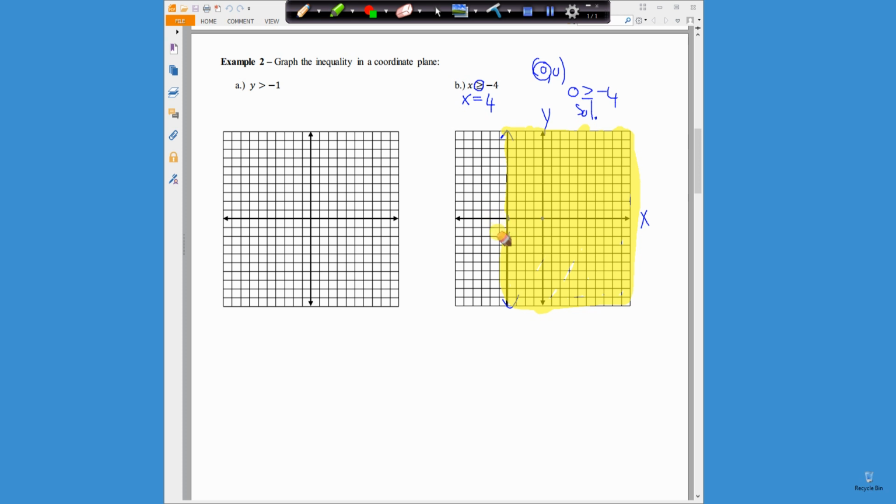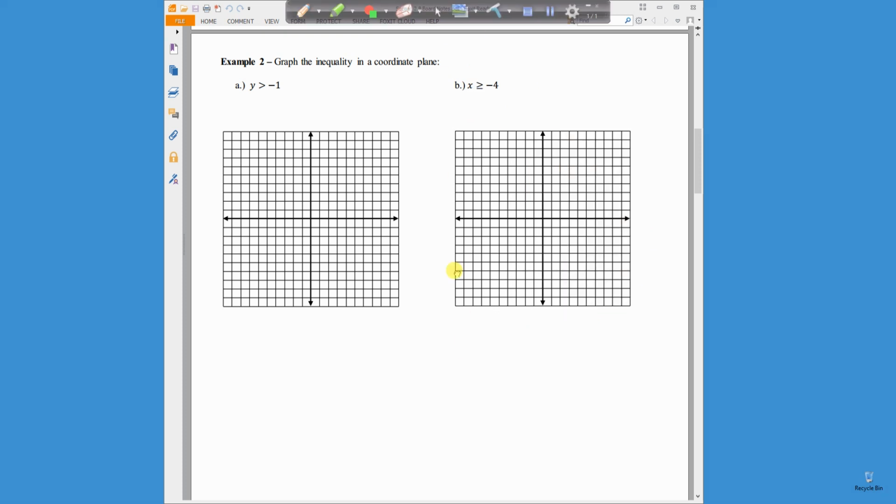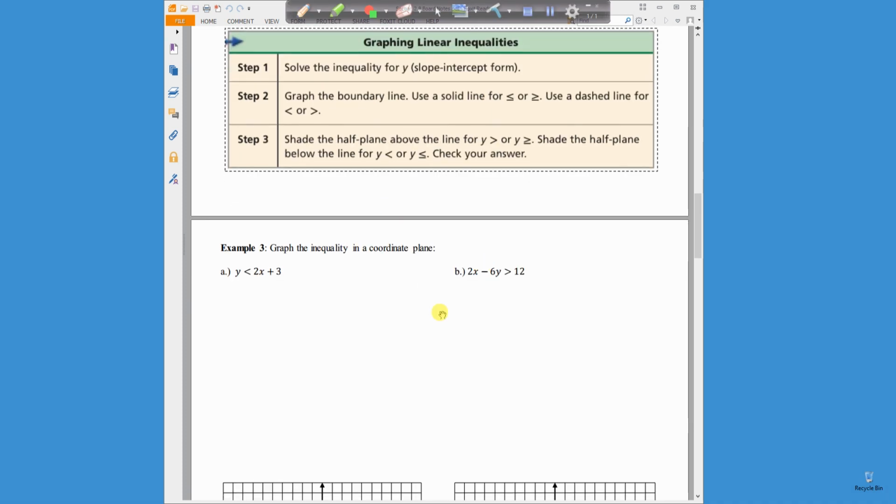Now actually you can't go over your boundary line, but any point in this shaded area is a solution to this, and in this case, because the line is solid and because it's greater than or equal to, all the points on the boundary line are also solutions to this inequality. So this is a picture of all the solutions to the inequality x is greater than or equal to negative 4. Hopefully you understand the whole idea of a solution area, a region.